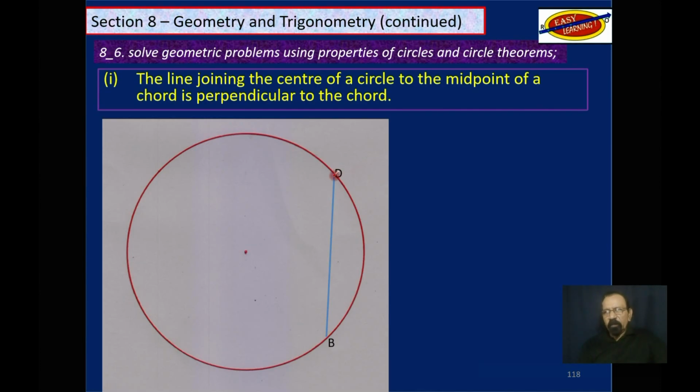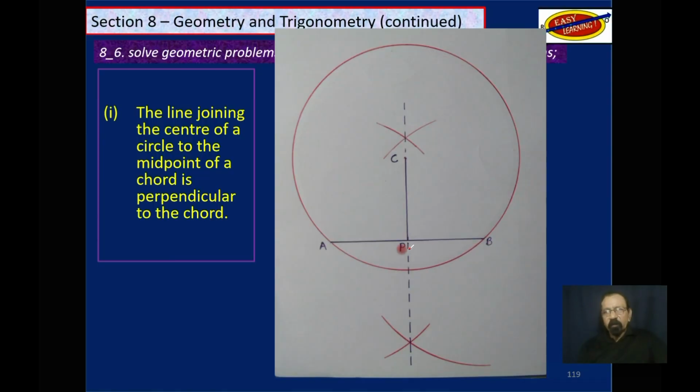So if you have a chord like this, you find the midpoint, meaning those two sides are equal to each other, and you draw a line from this midpoint to the center. What this theorem says is that this angle here is 90 degrees. It's perpendicular.